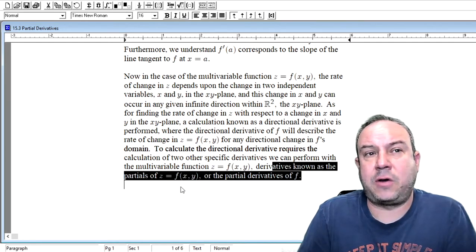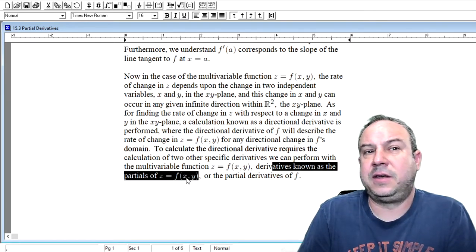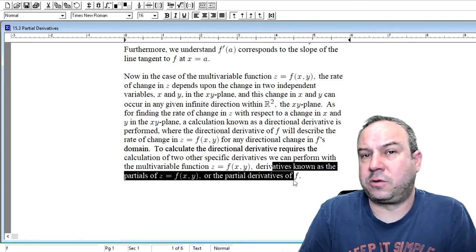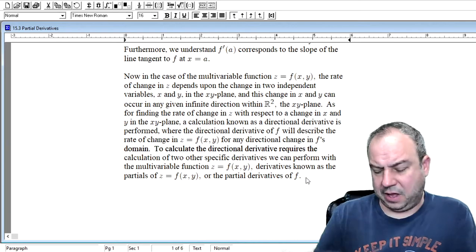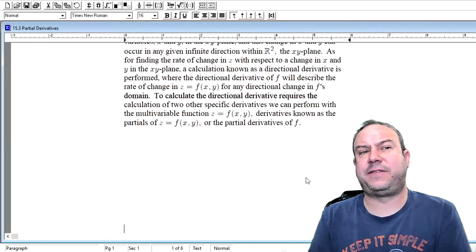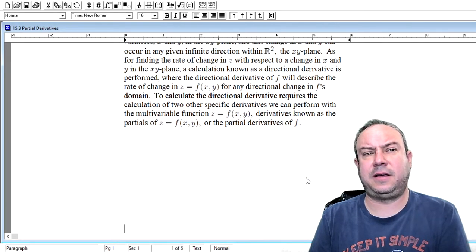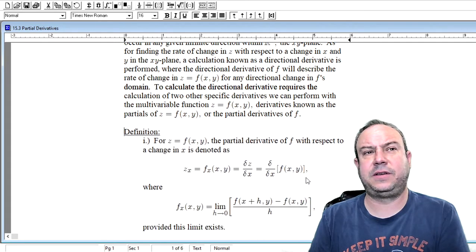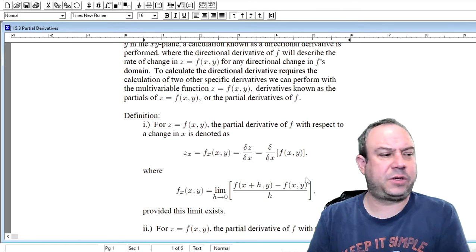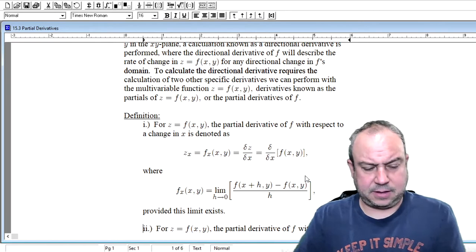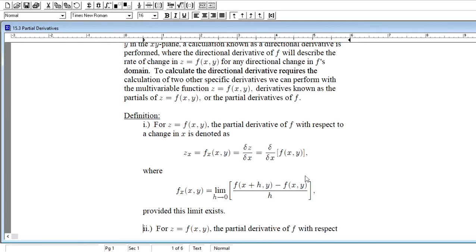The derivatives are known as the partials of z, or the partial derivatives of f, respectively. And that is what I define as follows. And you're going to see a definition for this that looks very similar to definitions we saw back in Calculus 1.